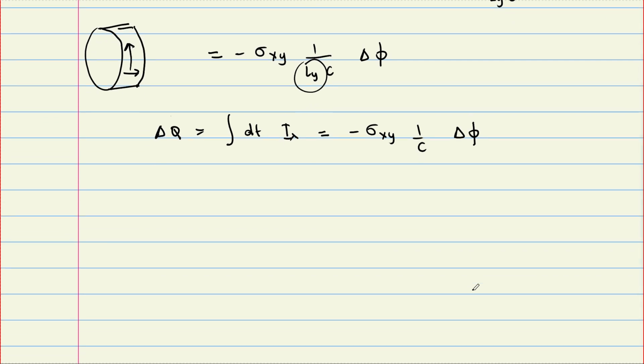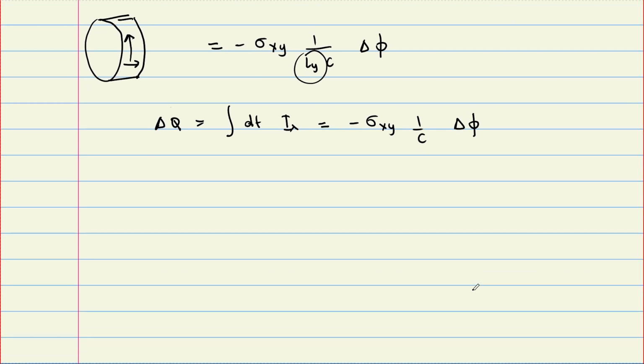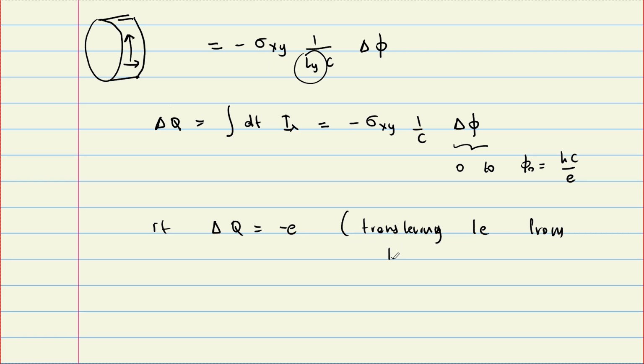Okay, and now is the argument. I want to change flux from 0 to 1 flux quantum, which is going to be hc over e. And in this case, if delta Q is equal to minus e, that means we are transferring one electron from the left edge to the right edge.